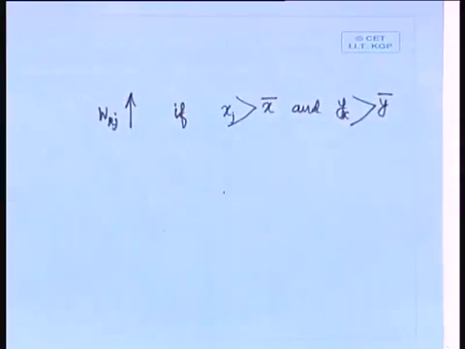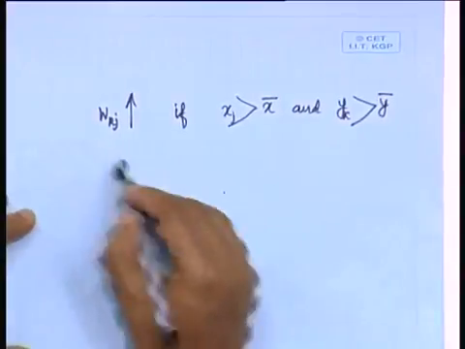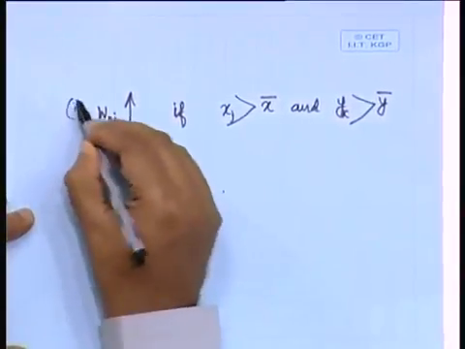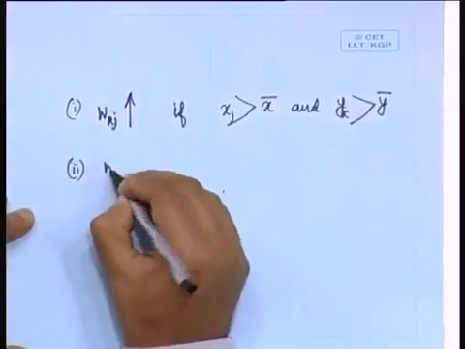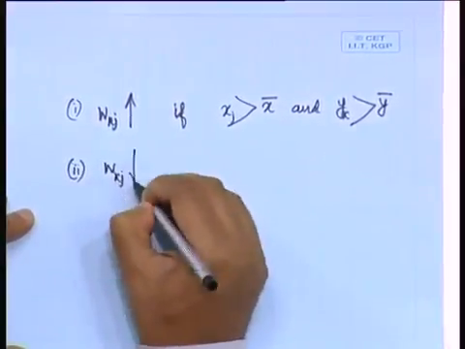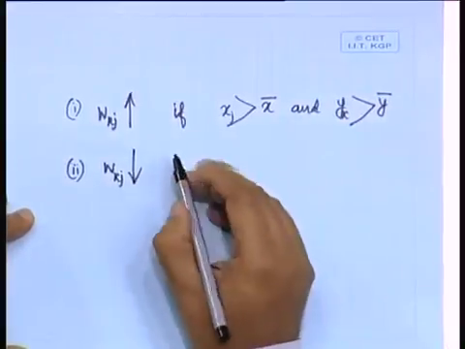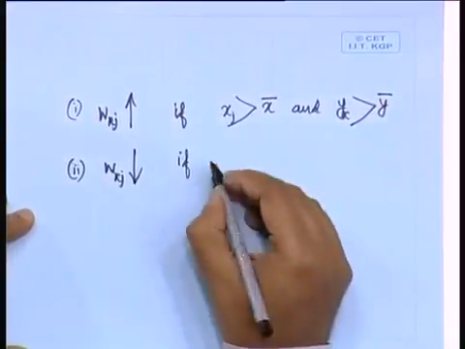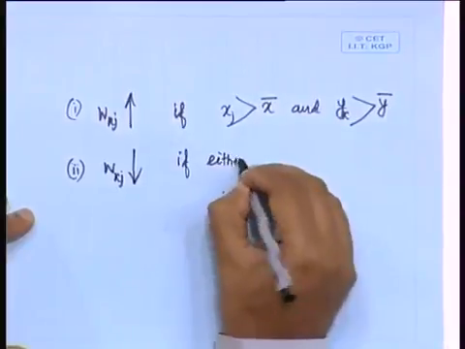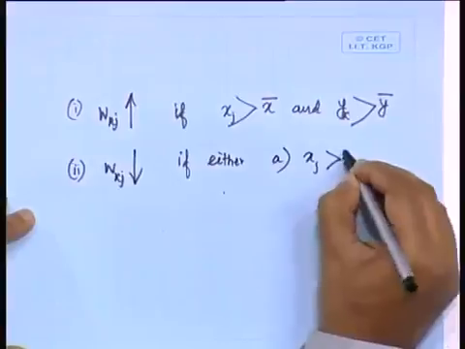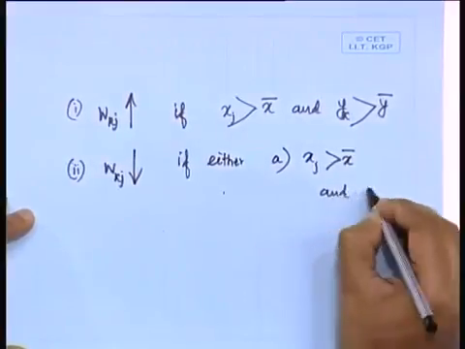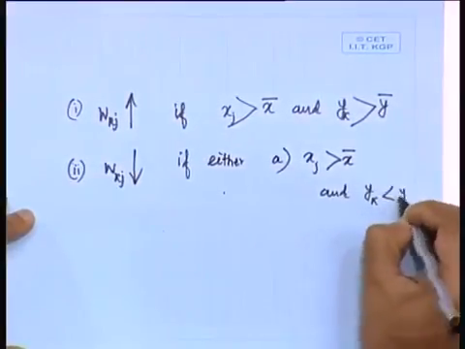That means to say w_kj increases in its strength. Okay. So, that is one of the behaviors, and we are also going to have a decrease of w_kj, decreasing if either we have x_j greater than x bar and y_k less than y bar.